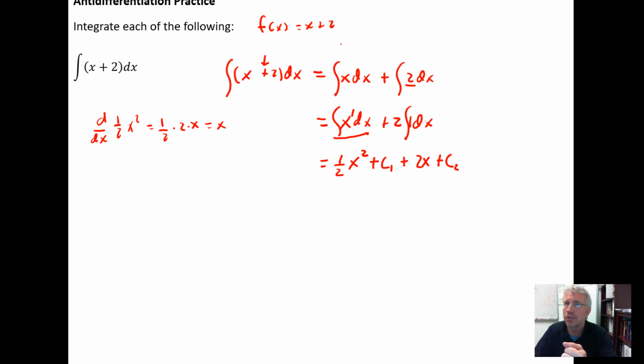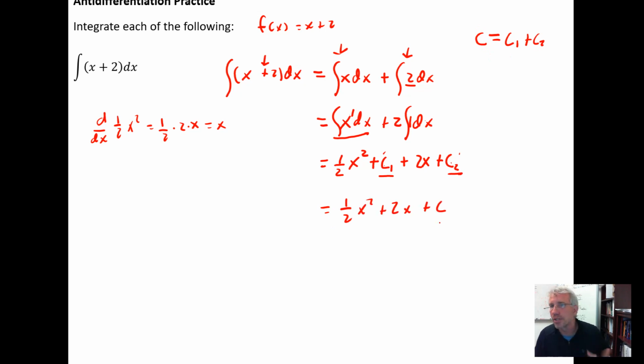So each integral generates its own constant of integration, but then you can add two constants together. So constant 1 plus constant 2, we can just say that's a third constant, we'll call it c. So c sub 1 plus c sub 2, let that equal c. So we just get 1/2 x squared plus 2x plus a single constant that came out of adding the two constants together.